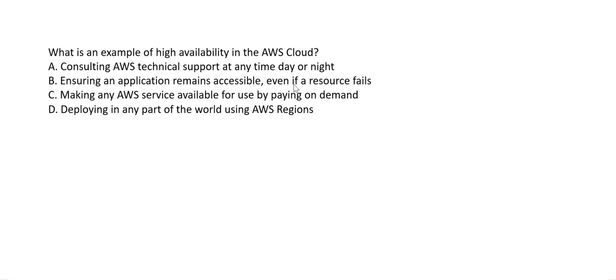Yes. If your EC2 instance fails, the application should still work in a new EC2 instance. If your availability zone fails, your application should work from a different availability zone. If your region fails, your application should still work from a different region. That is high availability. So B is my answer.